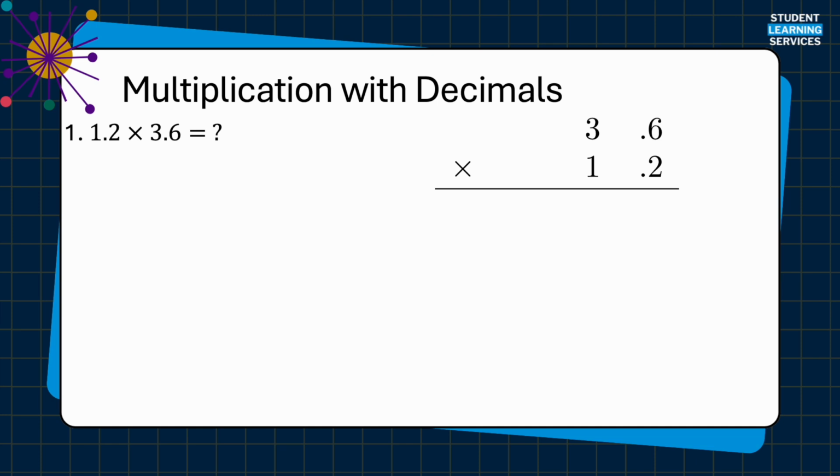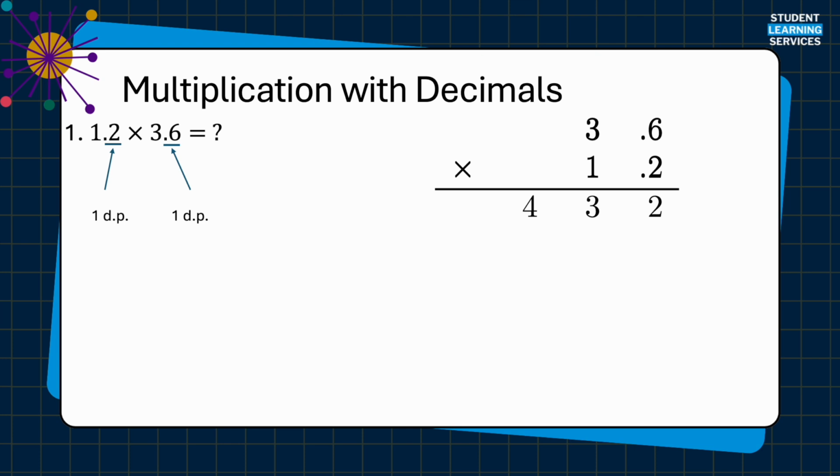Now, I will treat this as 36 times 12 as if the decimal points don't exist. What is 36 times 12 equal to? Right, that's equal to 432. How we deal with the decimal points in the answer is, we look at the question itself. 1.2 has one decimal place. 3.6 also has one decimal place.